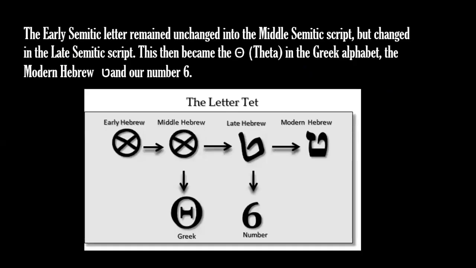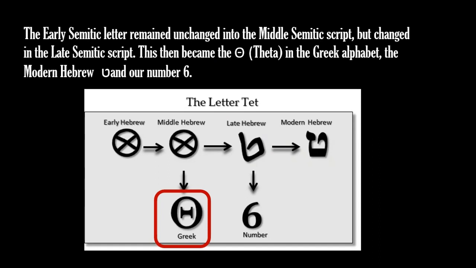So we continue. The early Semitic letter remained unchanged, and it is, of course, highlighted on your screen. It remained unchanged when you got to the middle Semitic script, but then it changed in the late Semitic script. The letter, of course, influences the Greek theta.